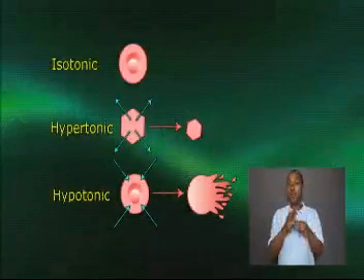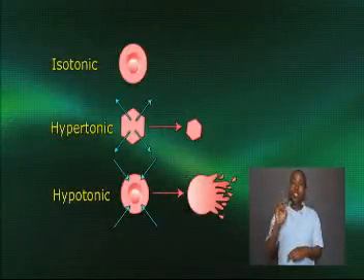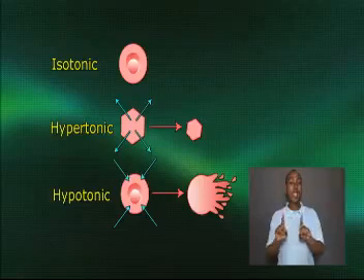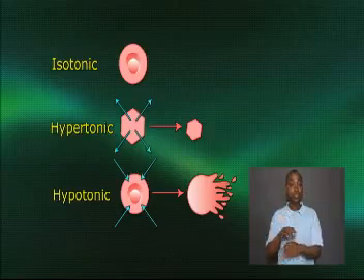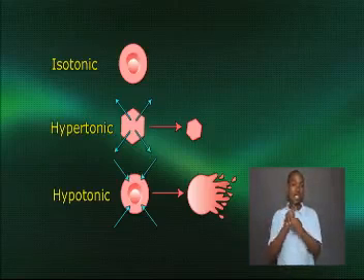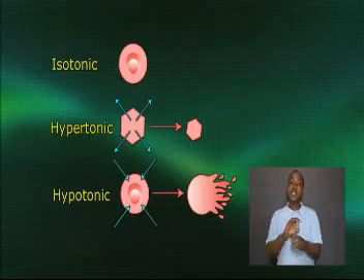As you can see from the diagram, there is a difference between cells in isotonic, hypotonic, and hypertonic solutions. The cells in the isotonic solution look to be the correct shape. The cells in the hypertonic solution look small and shriveled.